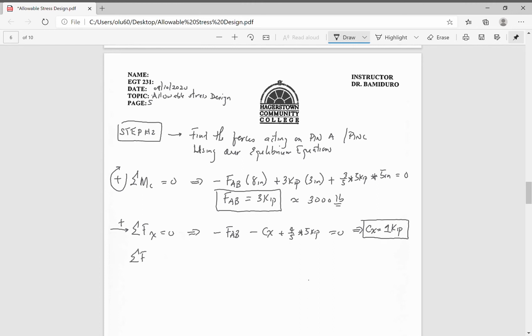The sum of the forces in the Y direction equals 0. I'm taking bottom to top to be positive.